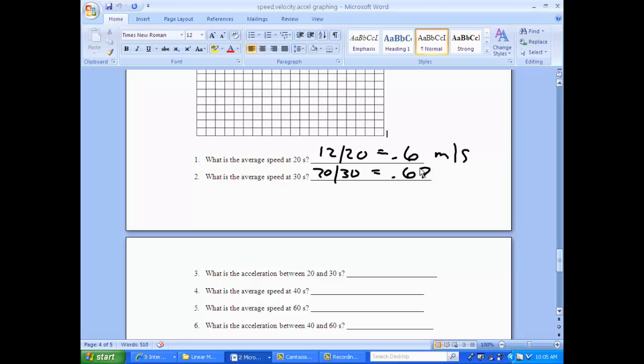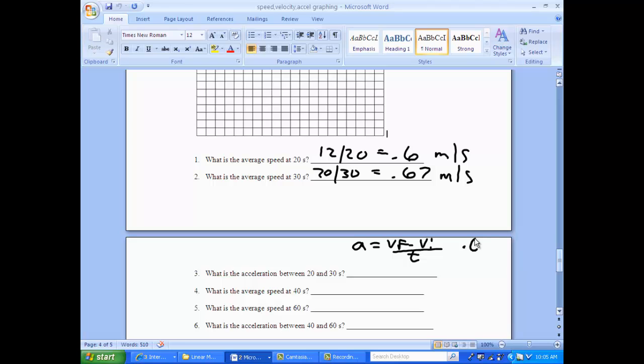And then after 30 seconds, I think it's 20 divided by 30. 0.67 meters per second. Now, we know that a position versus time graph does not give us acceleration. However, we know what the formula for acceleration is. We know that it's a equals vf minus vi over t. Do we know the final velocity? Yeah, we do, right here. We just calculated it at 30 seconds, so it's 0.67.